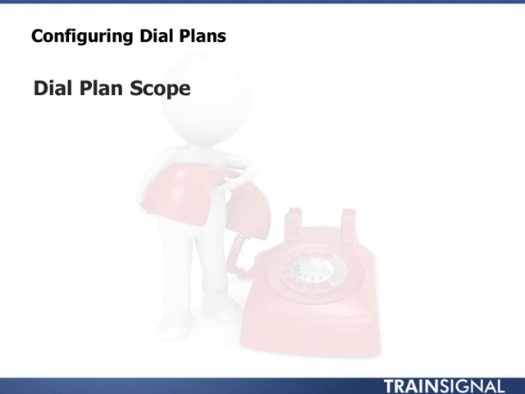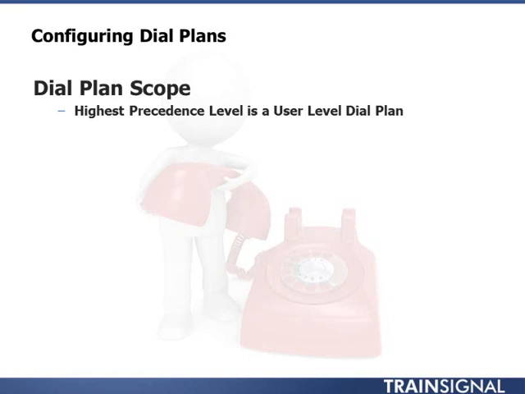Dial plans can be applied at several levels within the Lync product. The dial plan that would have the highest precedence level would be a user level dial plan. So if you have a dial plan applied to you as a user, that would have the highest precedence, meaning that's the one you would use. So when you log in and register to Lync, if there is a user level dial plan, that is the one that you as a client will be using.